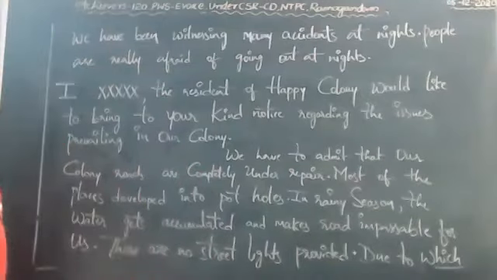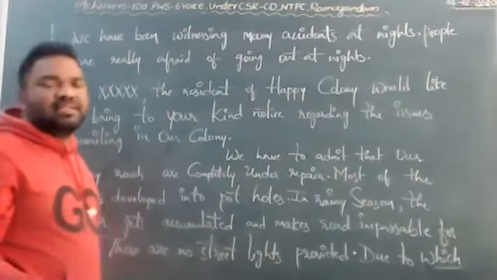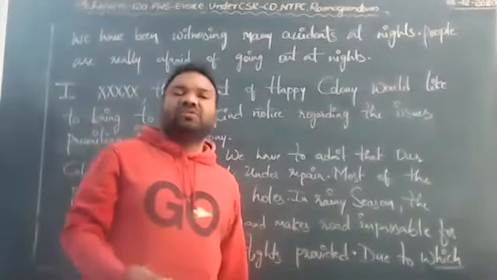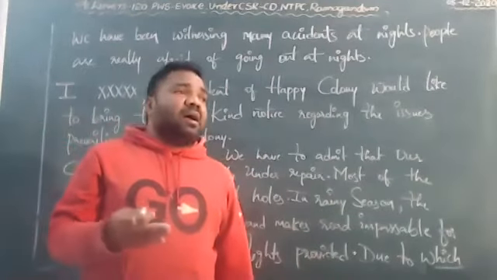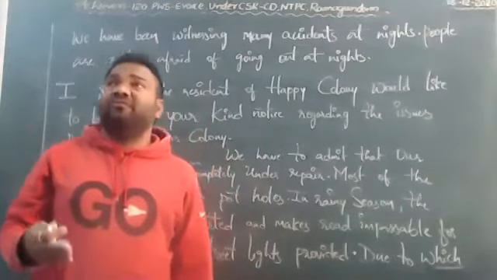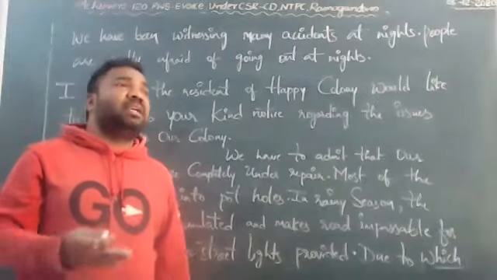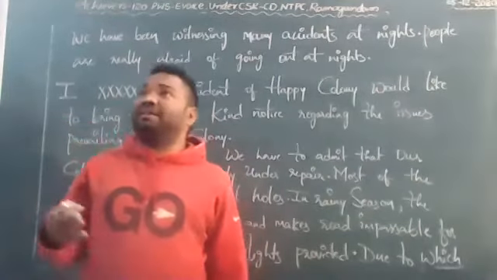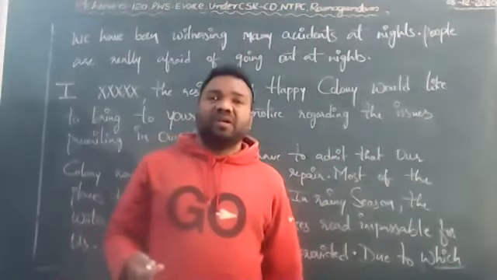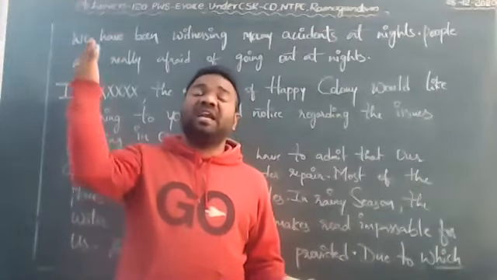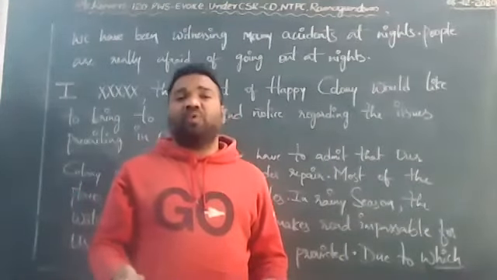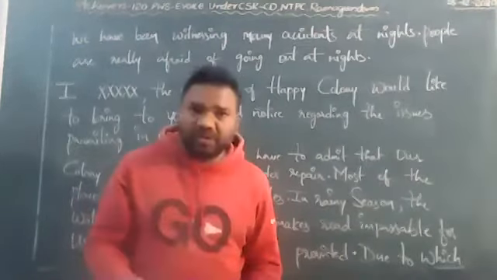So I have written this entire problem about the street lights and the roads. In addition to this, if the question arises about not having drinking water facility or an issue like current availability, these can also be additionally mentioned when the question is asked in that way. You understood?